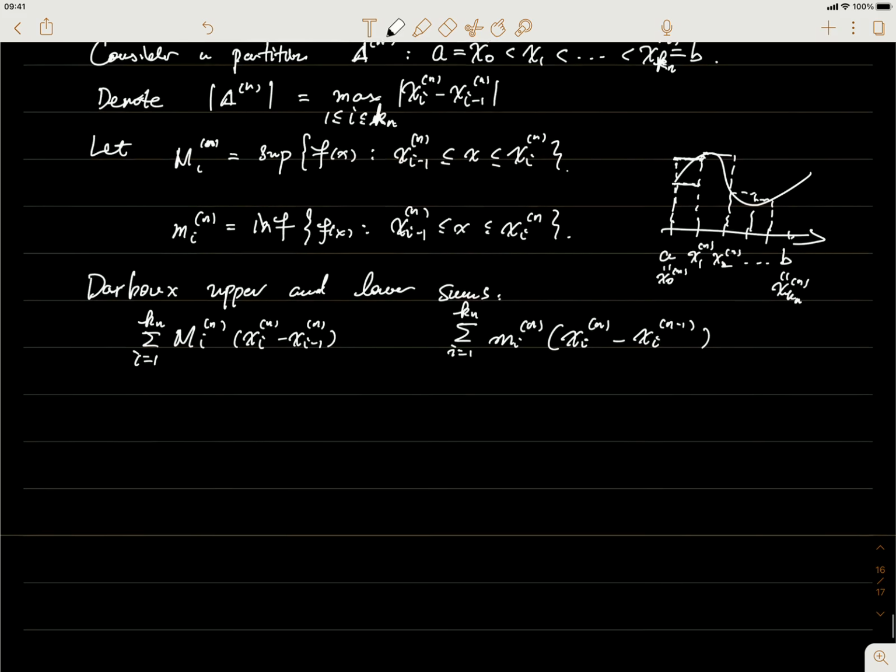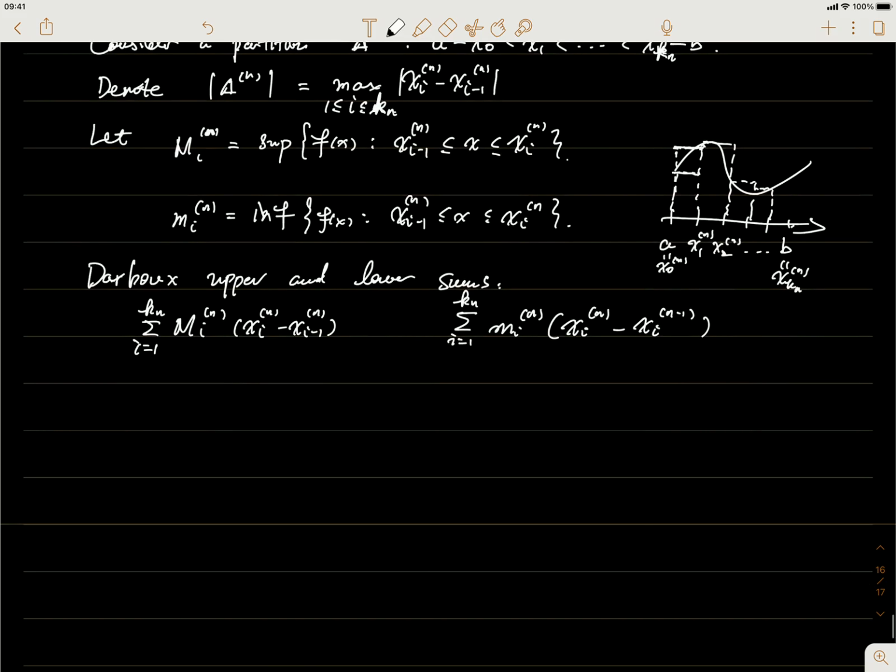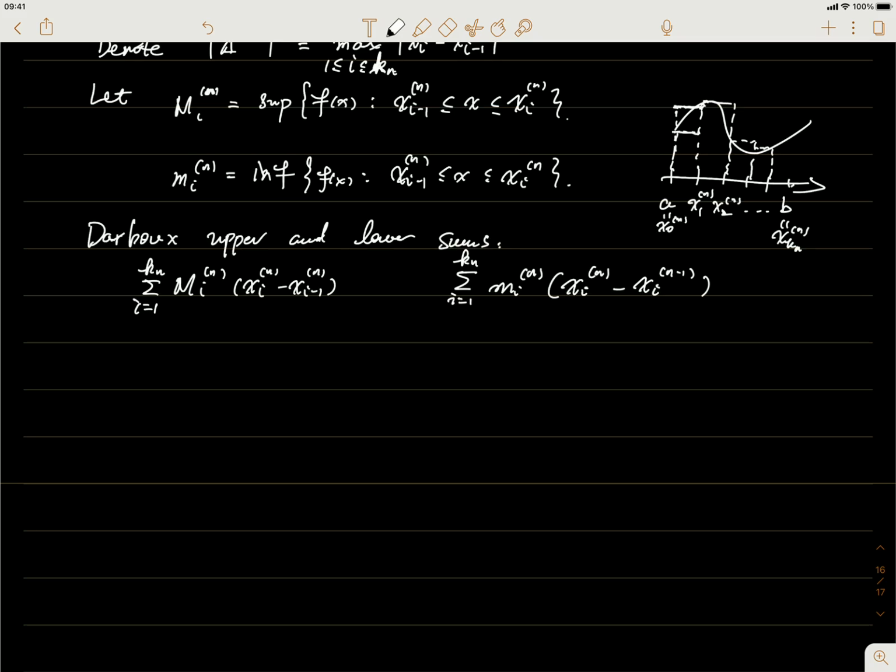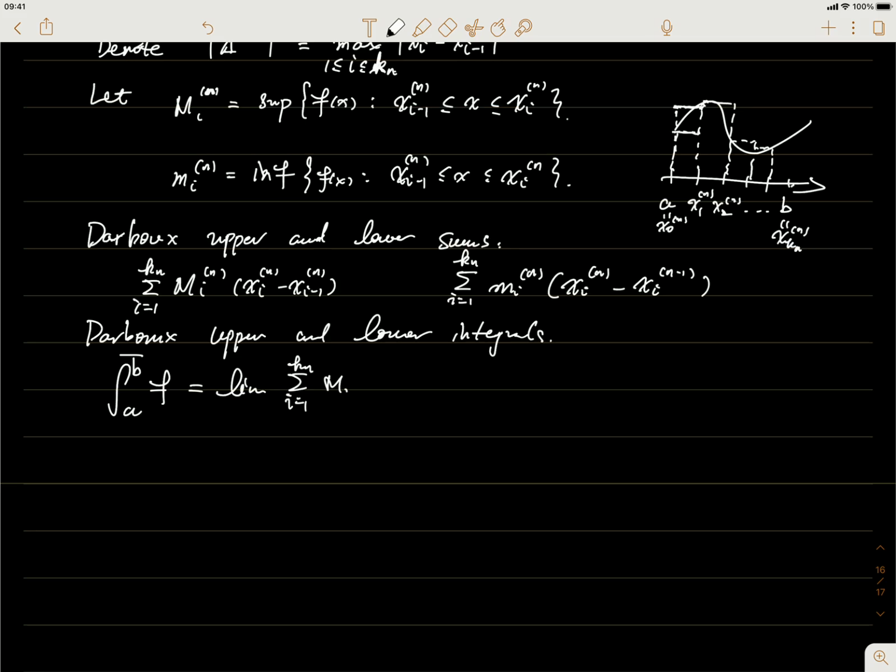Okay, and then finally, we can consider the Darboux upper integral and lower integral. It's just taking the limit. So the notation is that the upper integral of f is defined as the limit of this upper sum where n is going to infinity.